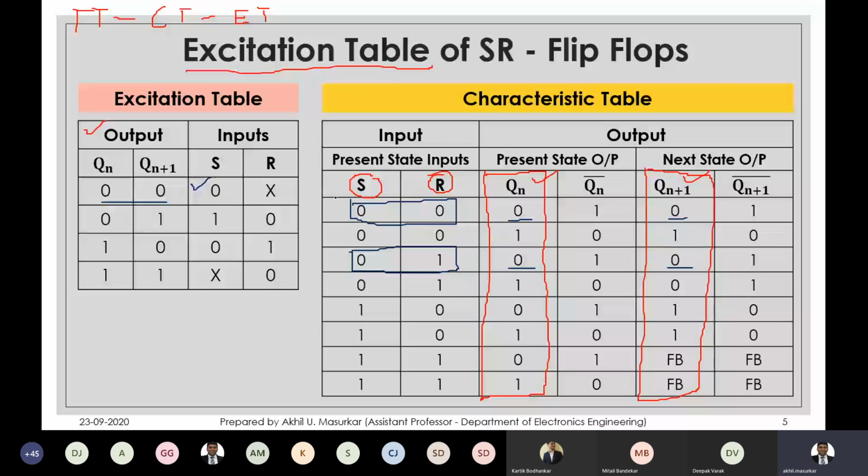So which condition can accommodate both the values 0 and 1? It is my don't care condition.